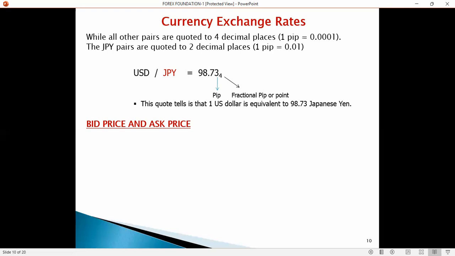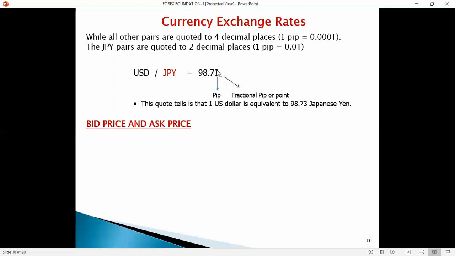So the second number right here is known as the pip. The movement of this one upward is known as the pip. If this one keeps increasing, from 3 to 4, 4 to 5, it means USD/JPY is going up. But if it keeps decreasing, it means USD/JPY is going down.